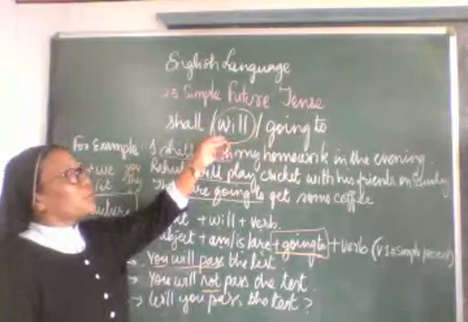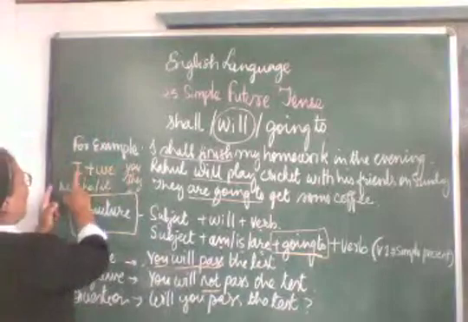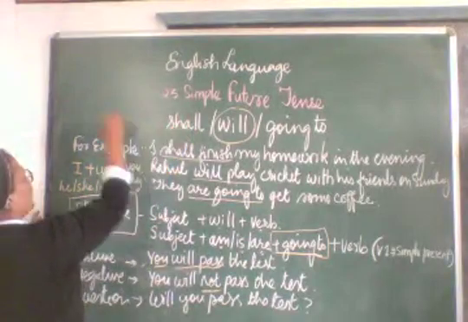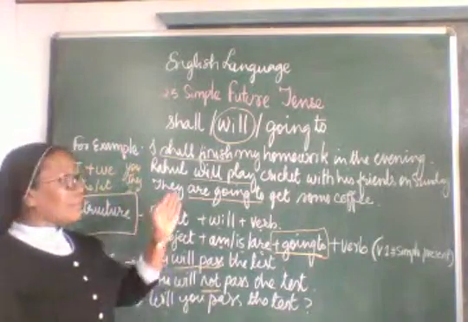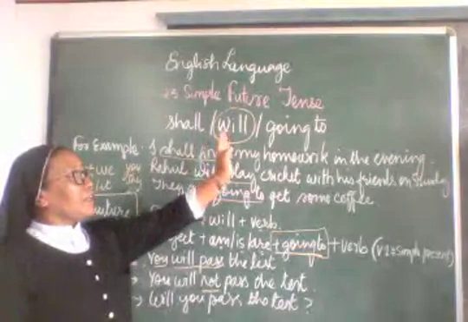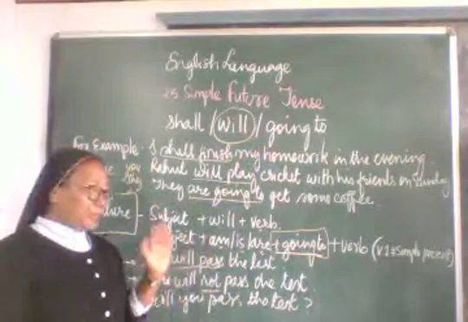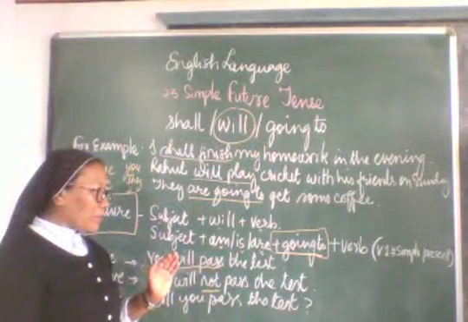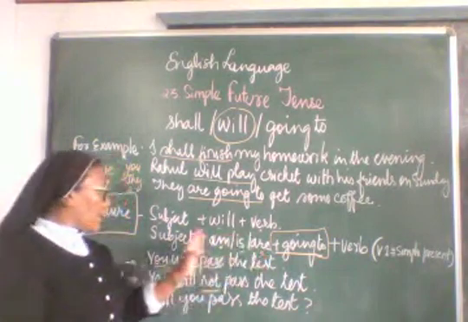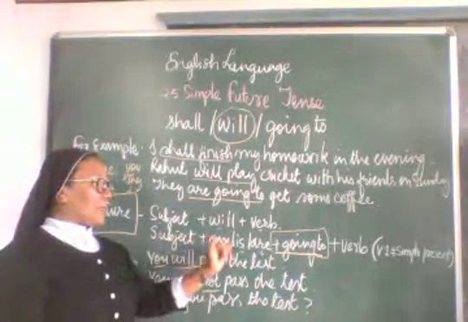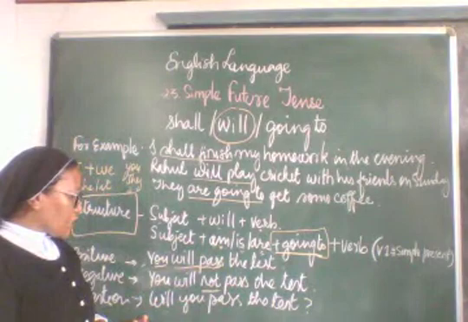And for the rest of the subjects, he, she, it, they, we, we will be using will, along with the names. And then, of course, when we use going to, we have to use the be form of the verb as a helping verb in the form of is, am, and are. So it depends on the subject whether I use is or are, singular and plural subjects.